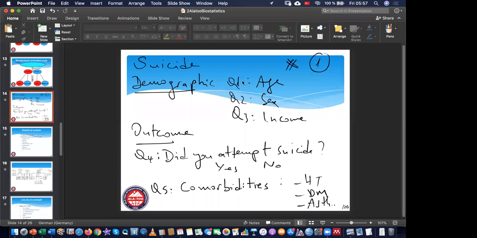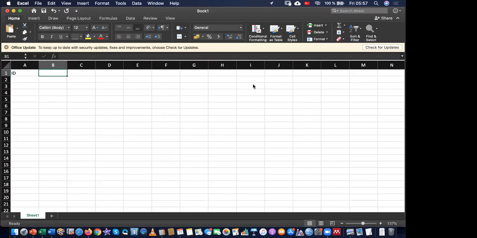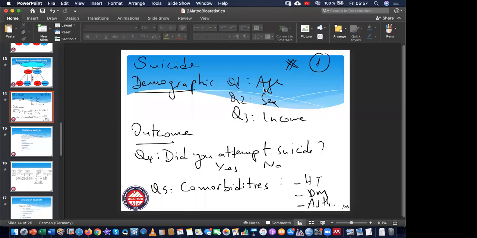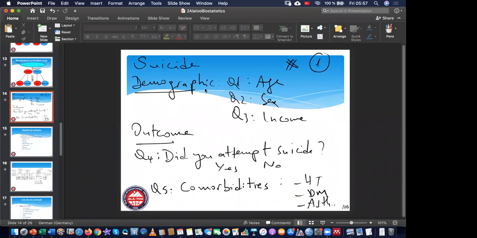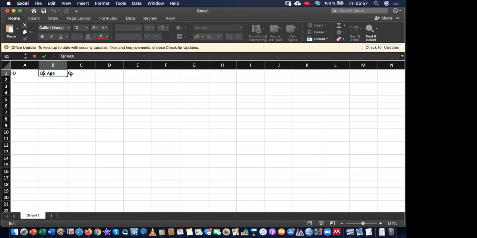Then Q1, age. Question 1 is age. Question 2 is sex.